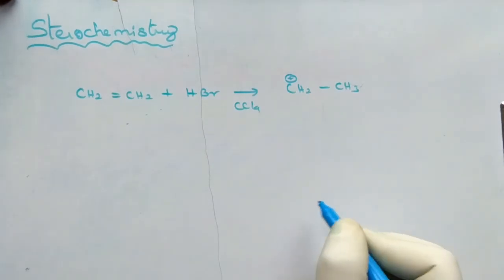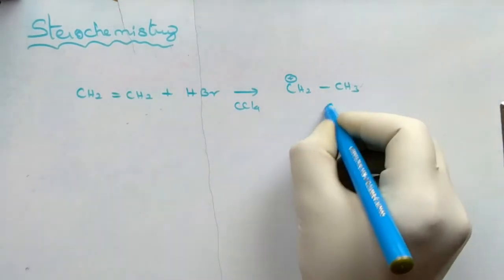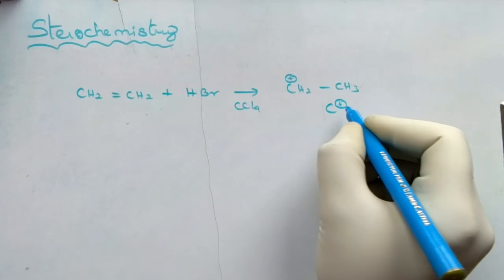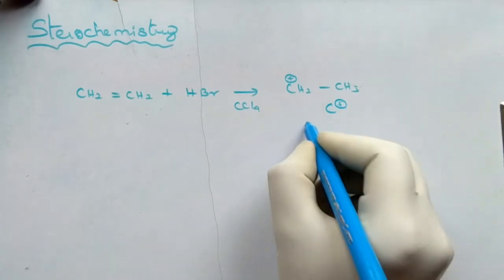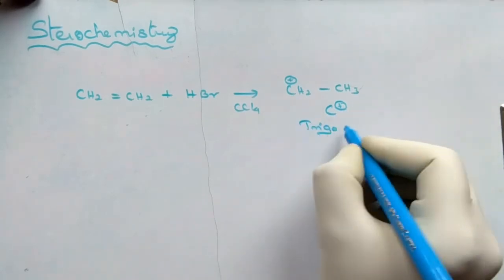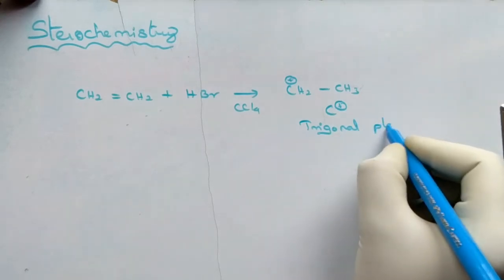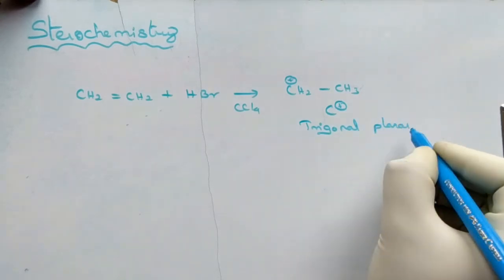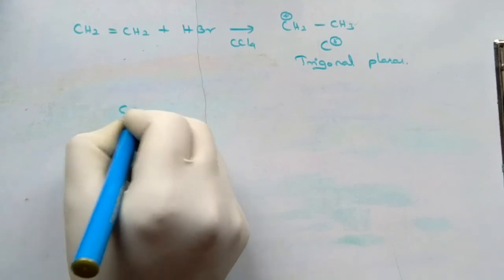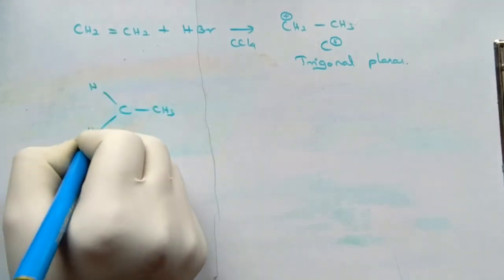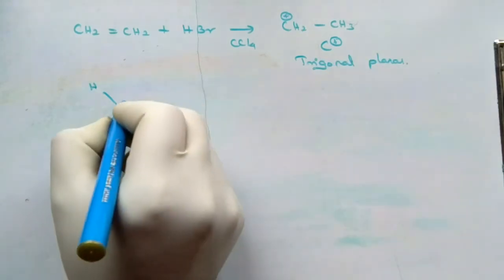The intermediate in electrophilic addition is a carbocation. As we know already, the structure of carbocation is trigonal planar. The structure of the carbocation formed in the above reaction will be like this.